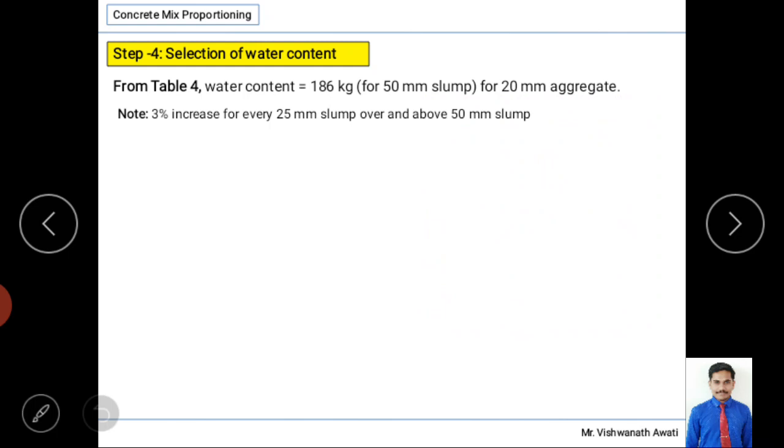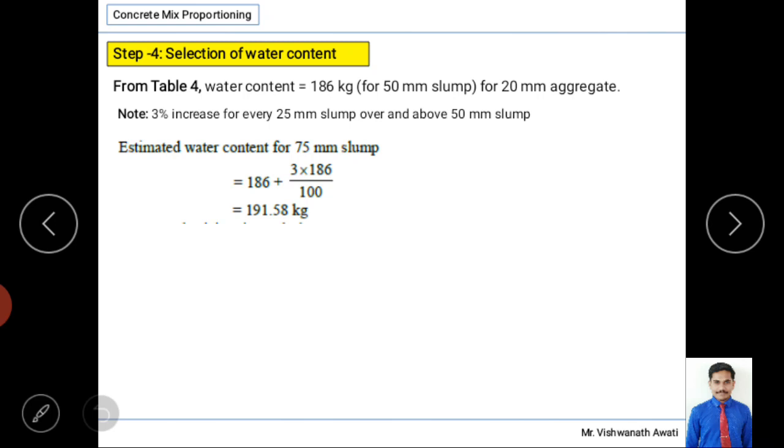For 50 mm we can take a water content of 186 kg. But for us it is 75 mm. Even you may get 125 mm in other problems, but according to our given data in this problem we have 75. 75 means another 25 extra is there. So if you are increasing by 25 extra, then we have to take 3% more than the given data. That's how you can understand why 3% and how to take the 3%.